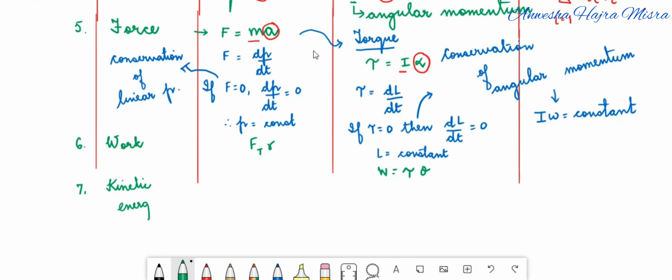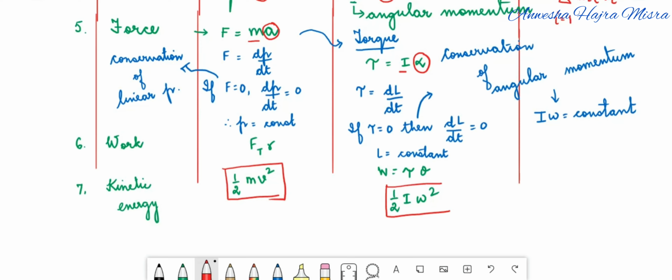Kinetic energy for translational motion is half mv square, and for rotational it is half I omega square. So these are the formulas which we have to memorize for doing the basic sums of rotational motion.